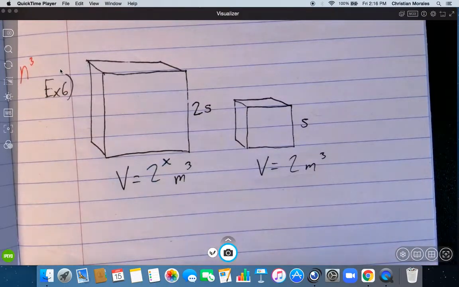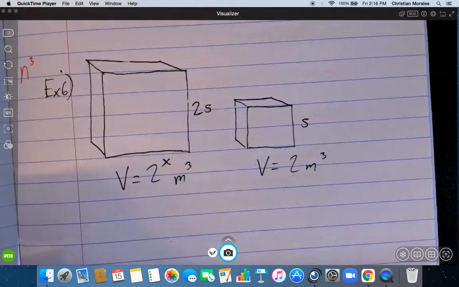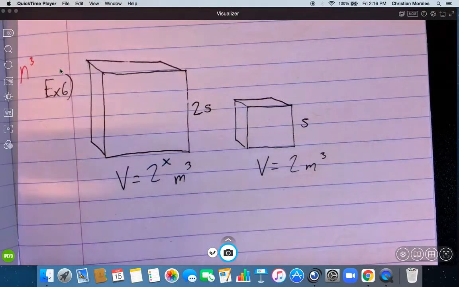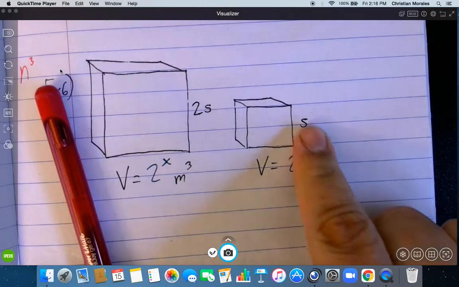All right, so this becomes the problem. Now this might seem a little weird at first, but we're going to talk about ratios, okay? Because we know that one side is double the other side, the way I treat this is I try to find the dimension of this. Okay, here's what I mean.